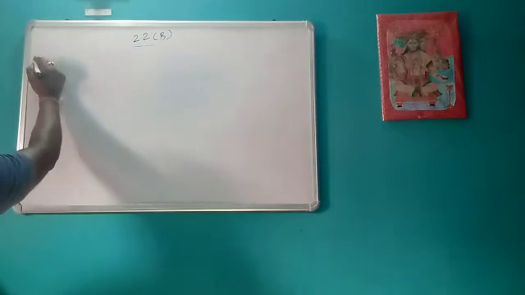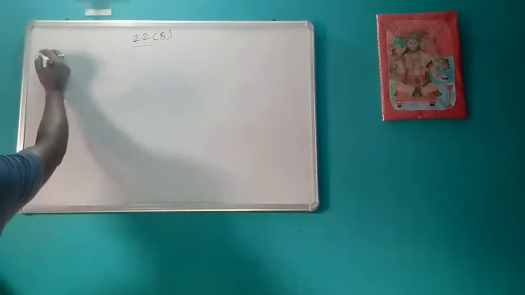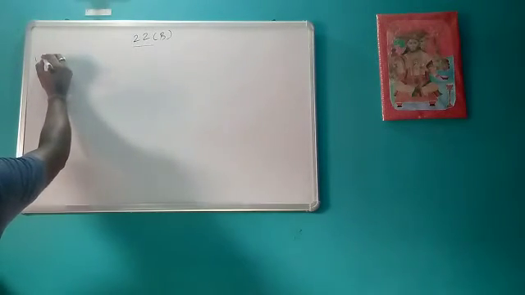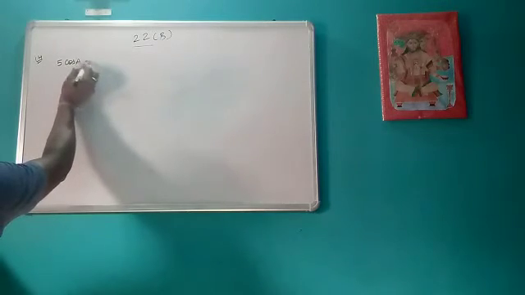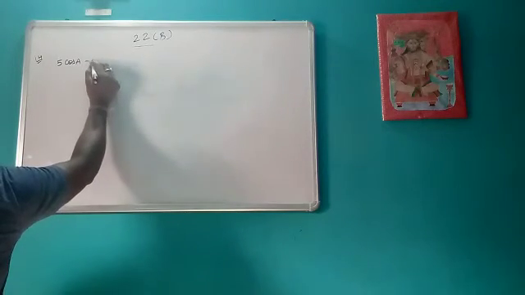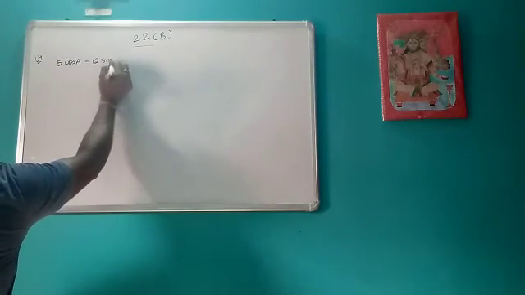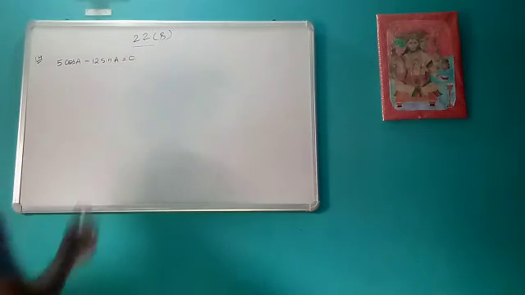Okay, suppose I am solving one question. Fourteenth one. 5 cos A minus 12 sin A is equals to 0.